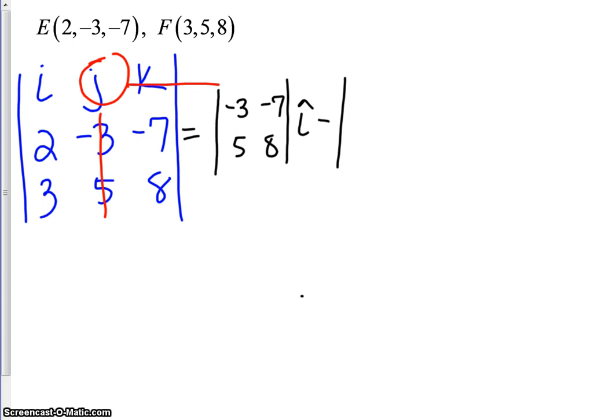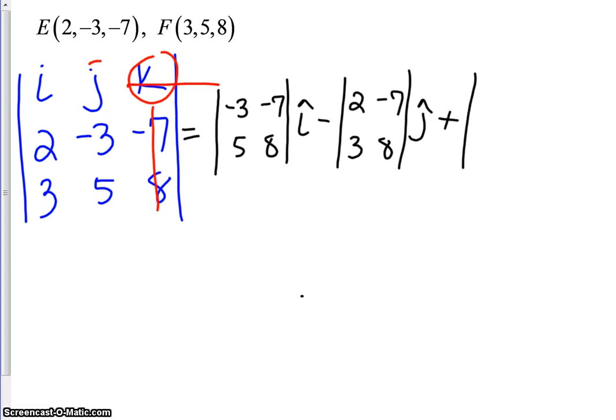Okay, and then we're subtracting 2, -7, 3, 8 multiplied by our j vector. And then we're adding, again moving this over here, 2, -3, 3, 5 times our k vector.